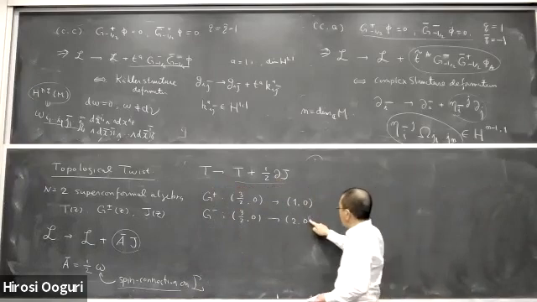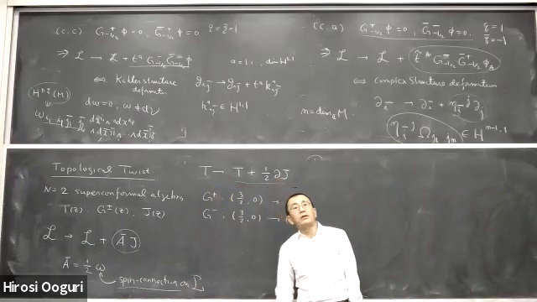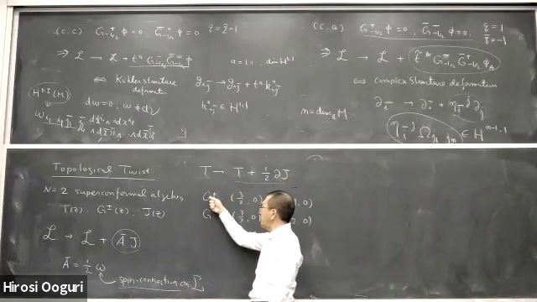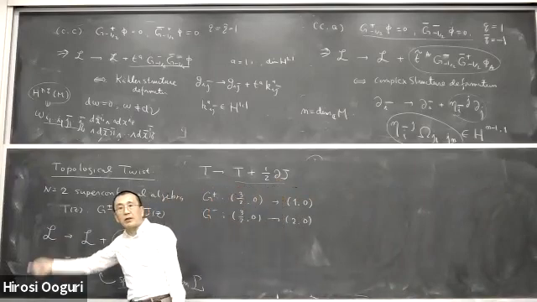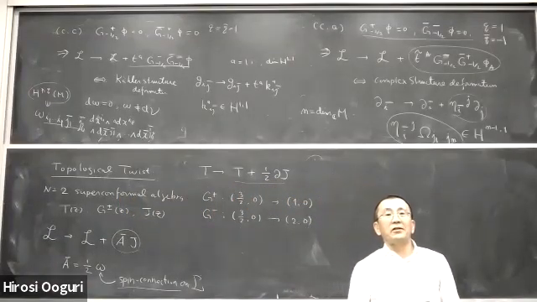And they have the following property: each of them squares to 0. They are each nilpotent operators, but if you take the anti-commutation relation of the two, it becomes the energy momentum tensor. This is something familiar in the string theory literature.